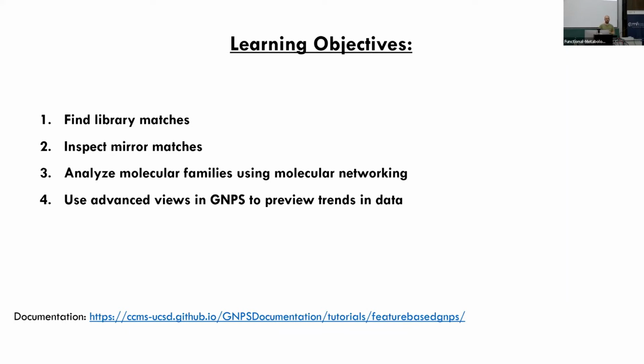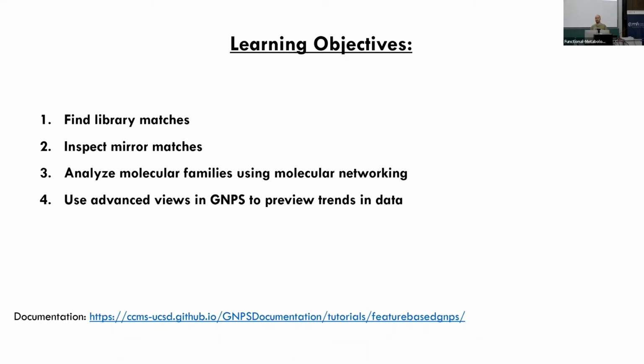First of all, what compounds did GNPS annotate for us? Then we want to look at the quality of these matches by manually inspecting them, and then perhaps start propagating some of those annotations within the molecular network.